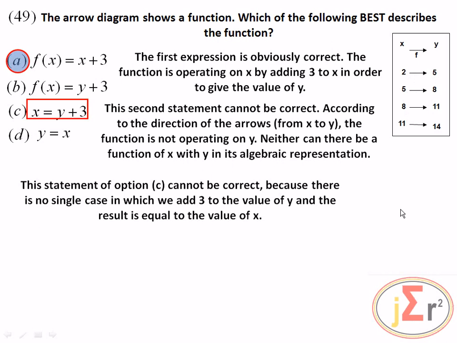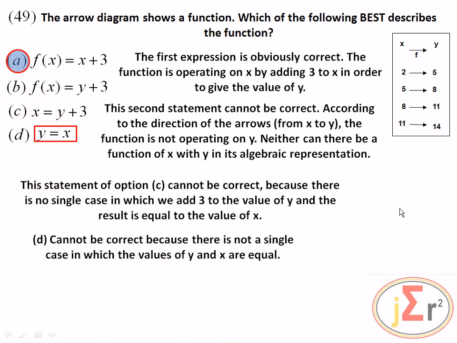Therefore, option C is incorrect. D cannot be correct because there is not a single case in which the values of y and x are equal. So the values of y and x are not equal in any single case that we have up here. Therefore, y = x is not the correct option.